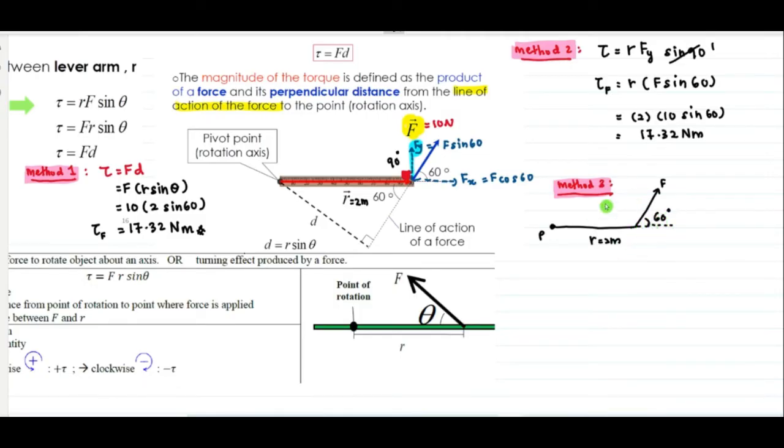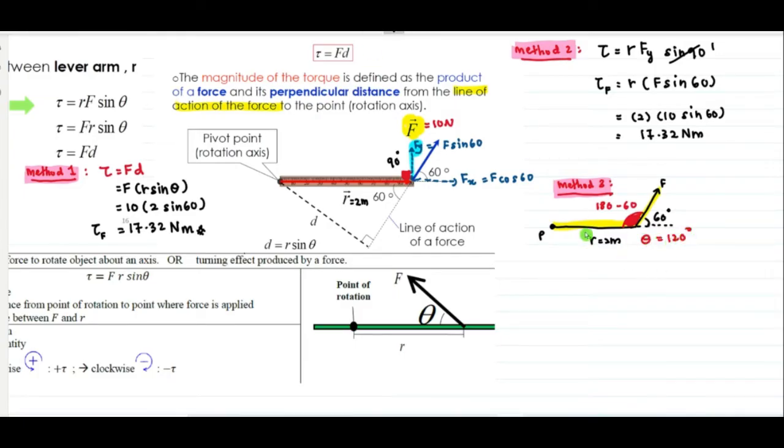Bagi pelajar yang buat cara ini, dia nak selesaikan, dia terus sahaja tengok what is the angle between R and F. Dia akan nampak, oh, this is the angle. So dia terus ambil sini. Here is equal to 180 degree minus 60, and theta here is equal to 120 degree.